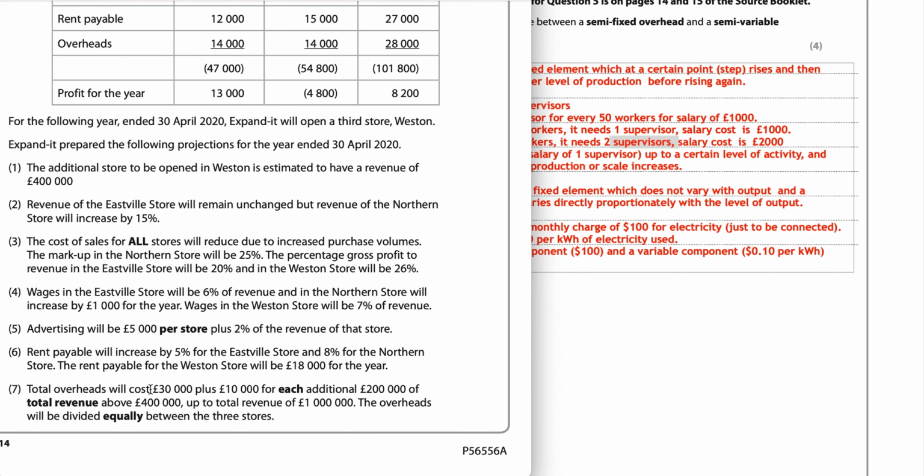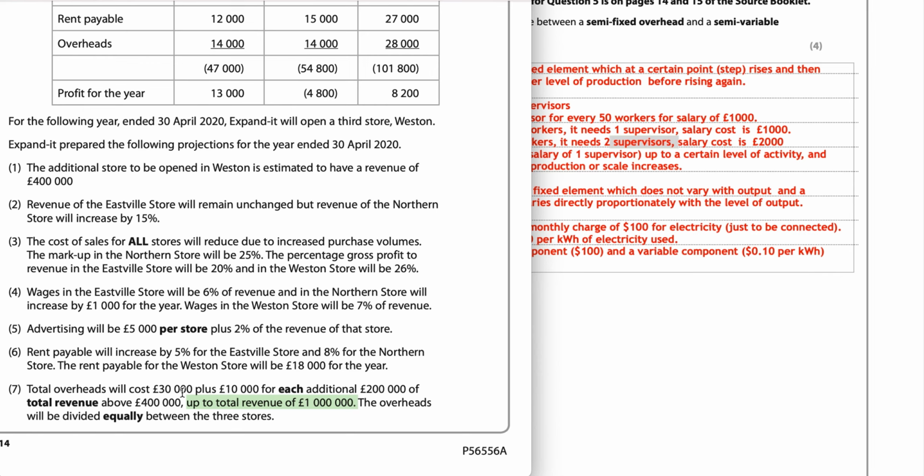If you observe here, total overheads will cost 30,000 pounds per month, plus 10,000 for each additional 200,000 of revenue above 400,000, up to total revenue of 1 million pounds. The overheads will be divided equally.